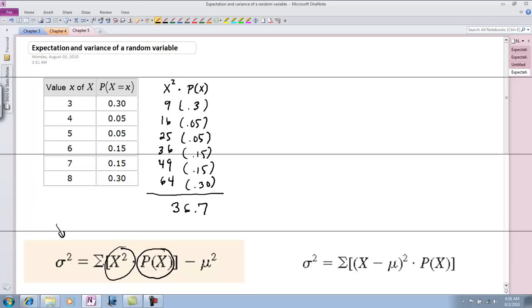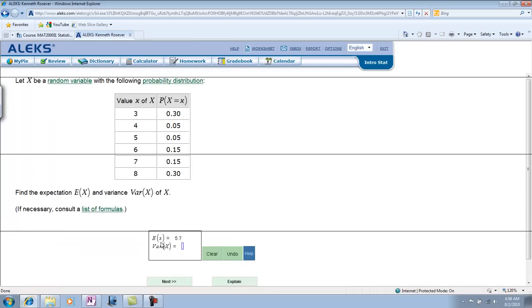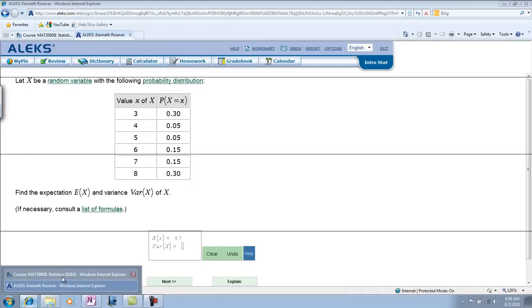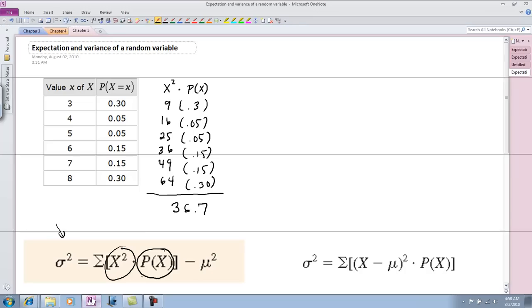And what else do I have to do? I have to subtract the mean squared. I think the mean was 5.7. Let's just go back and make sure. 5.7. So hopefully we're doing this right.